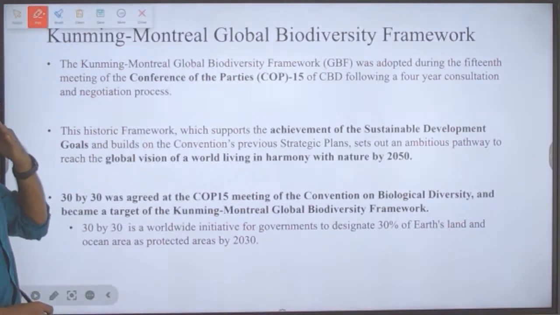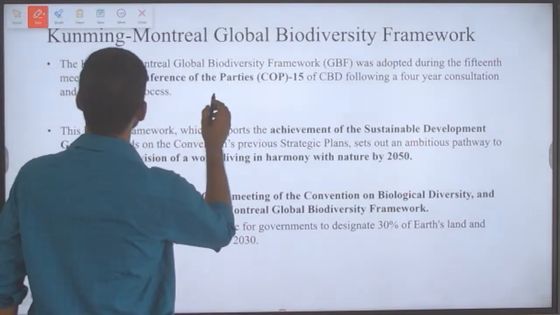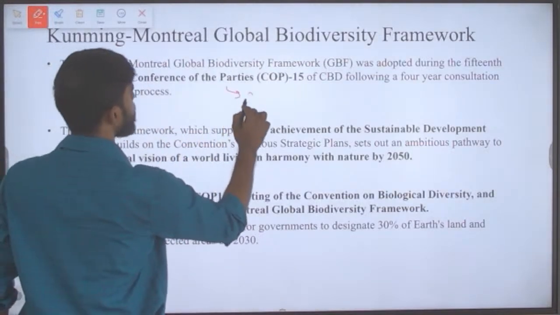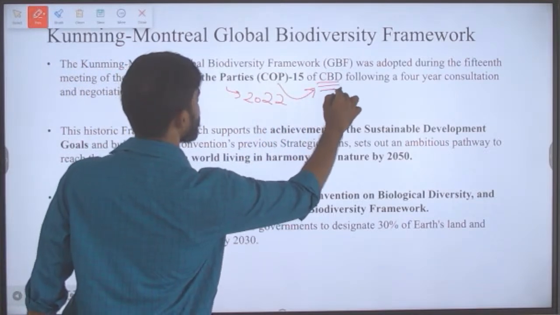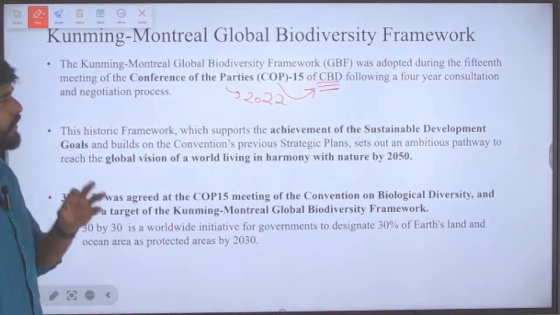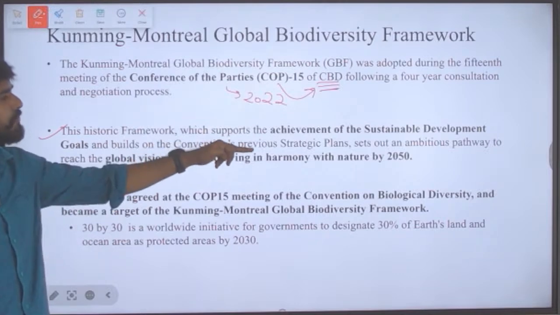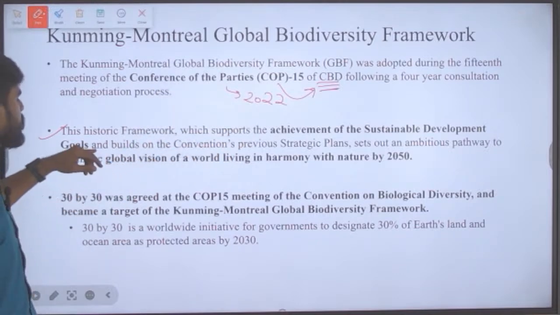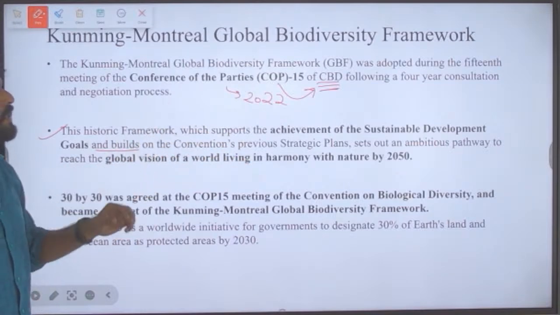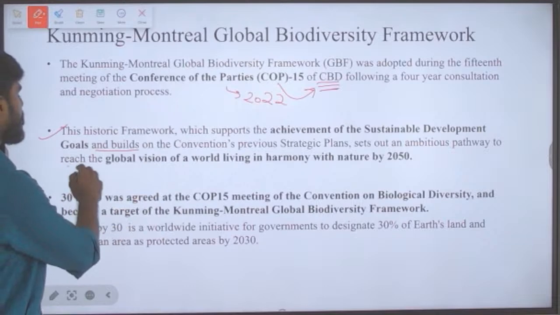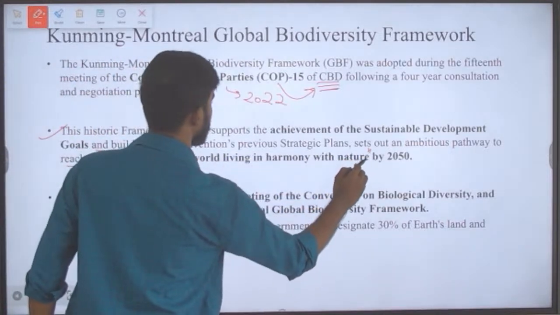This framework was adopted during the 15th Conference of Parties meeting, which is important. This happened in the year 2022, and this Conference of Parties is under the Convention on Biological Diversity, again important. And this historic framework supports the achievement of sustainable development goals and builds on the convention's previous strategic plans, and it sets out an ambitious path to reach the global vision of a world living in harmony with nature.